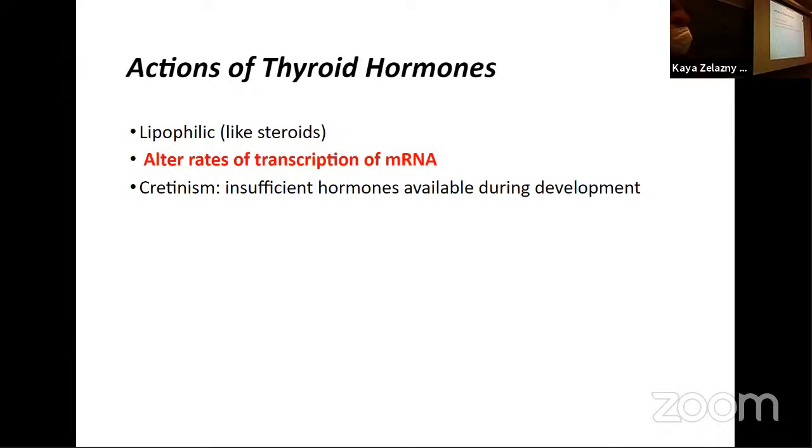It's also important in development. So if you don't have enough thyroid hormone during the development of an embryo, thyroid hormone is also important for creating growth hormone, which is necessary for this process. So if there's not enough thyroid hormone, if you have this hypothyroidism during development, this causes something called cretinism.